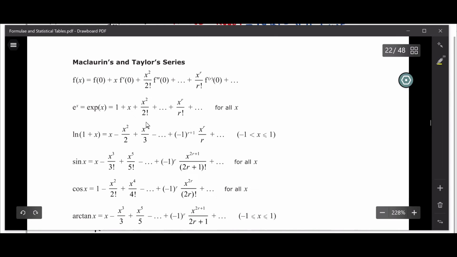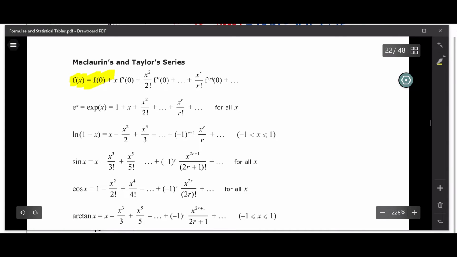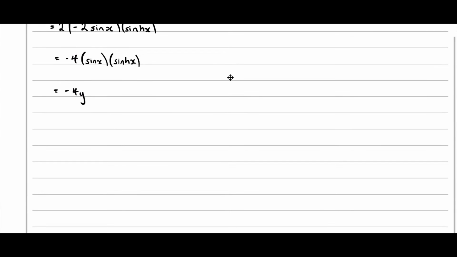For a Maclaurin series, we have this formula over here. So the first thing we need to do is find the non-zero terms. So this will require quite some effort. And to do this, we simply need to just do this by brute force, listing all the derivatives.